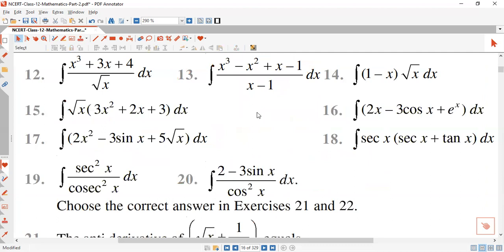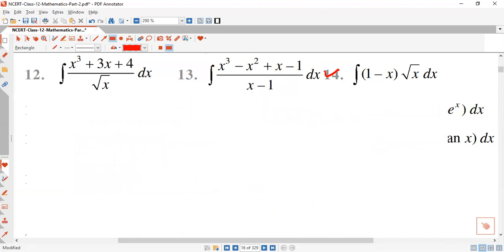Now we want to do question number 14. In this question number 14, the term given is root x. And you know very well how we deal with root x. Root x means x raised to half.